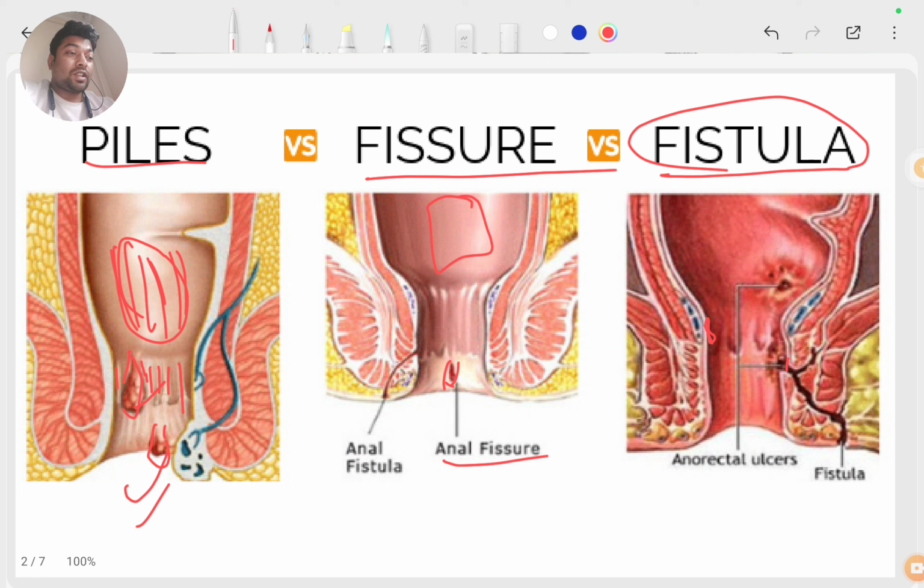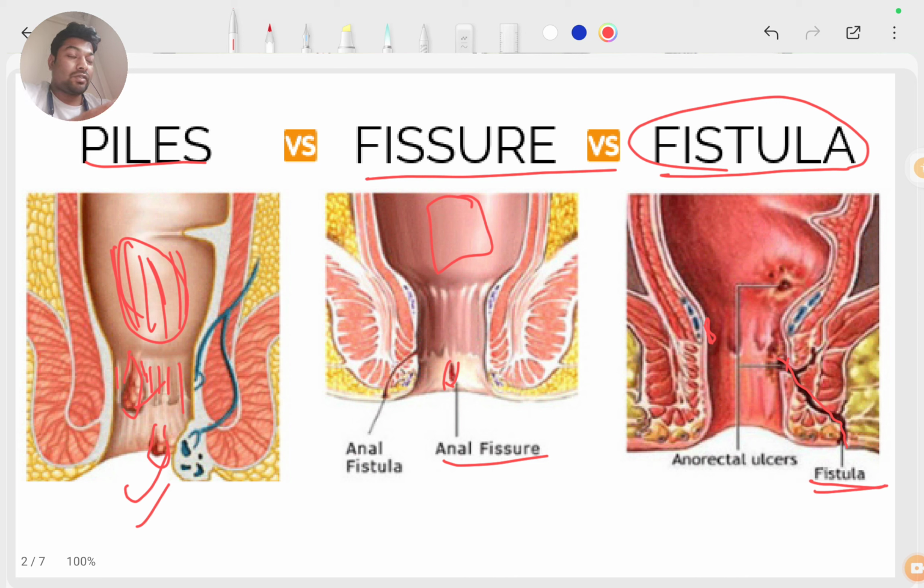Now when these glands get infected, that leads to abscess formation, pus formation, and that pus abscess further creates a passage between the internal rectal parts, or we can say anal parts, and the outer skin, and this channel we call a fistula.